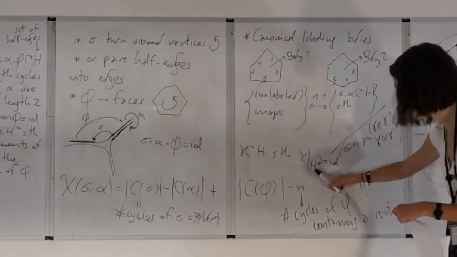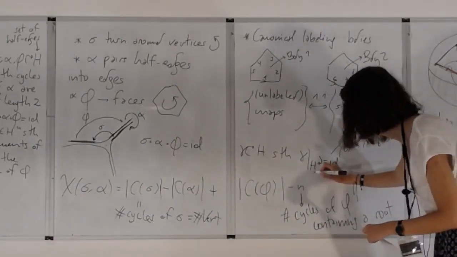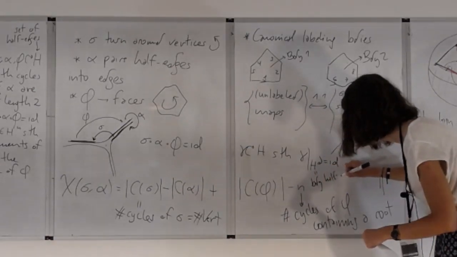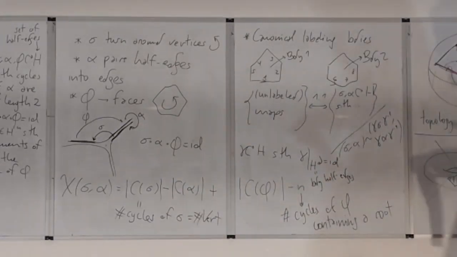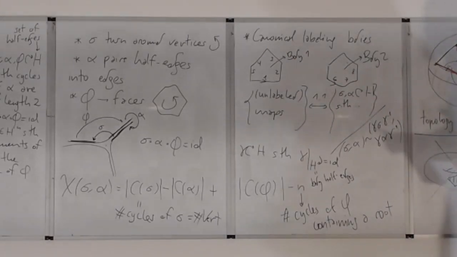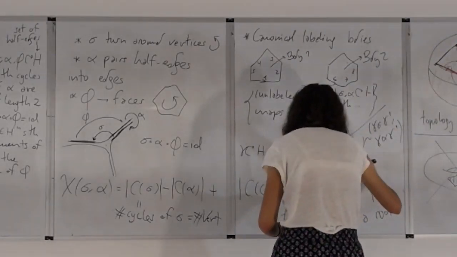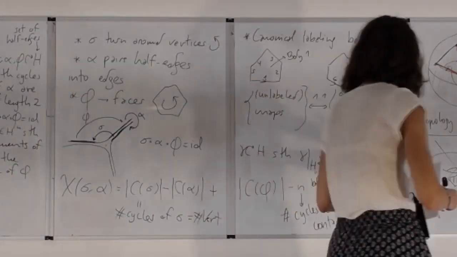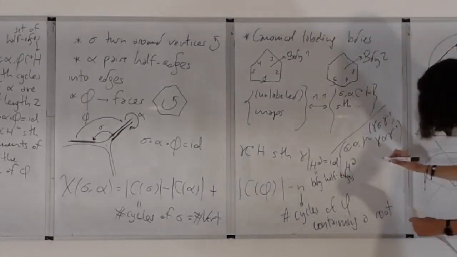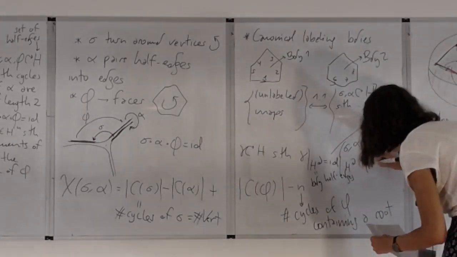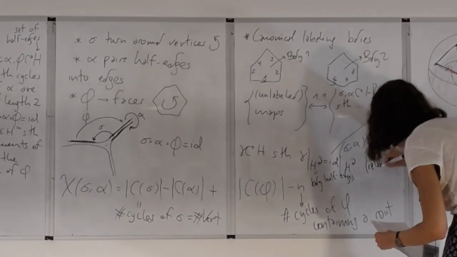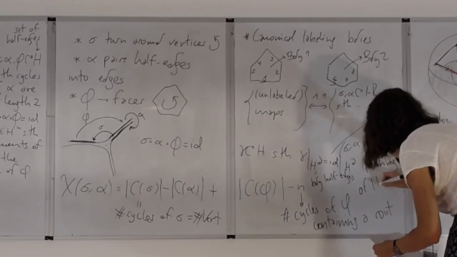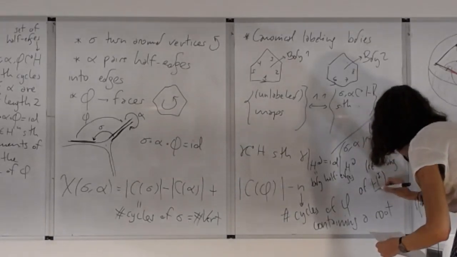This is the subset of half edges belonging to the boundary. This is what it is precisely, but morally, just to understand, it's just a relabeling of the internal half edges.